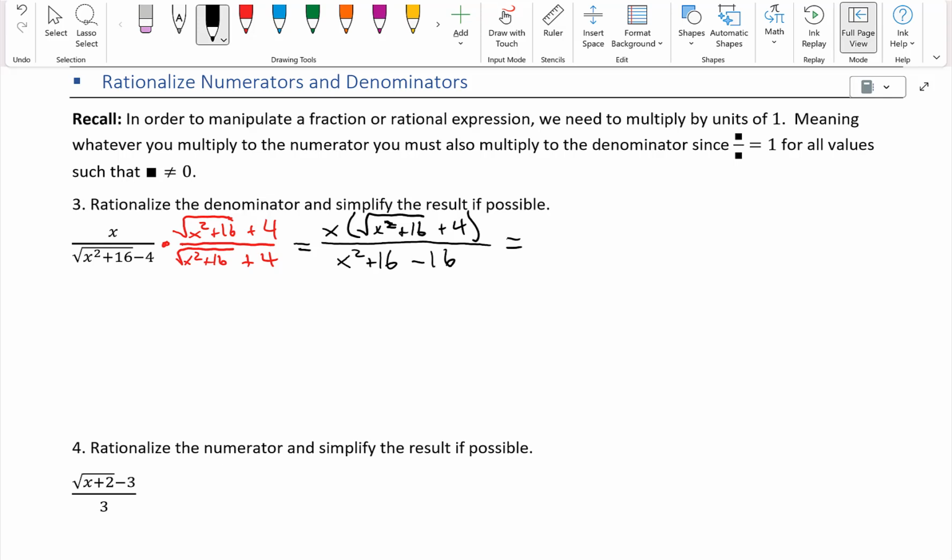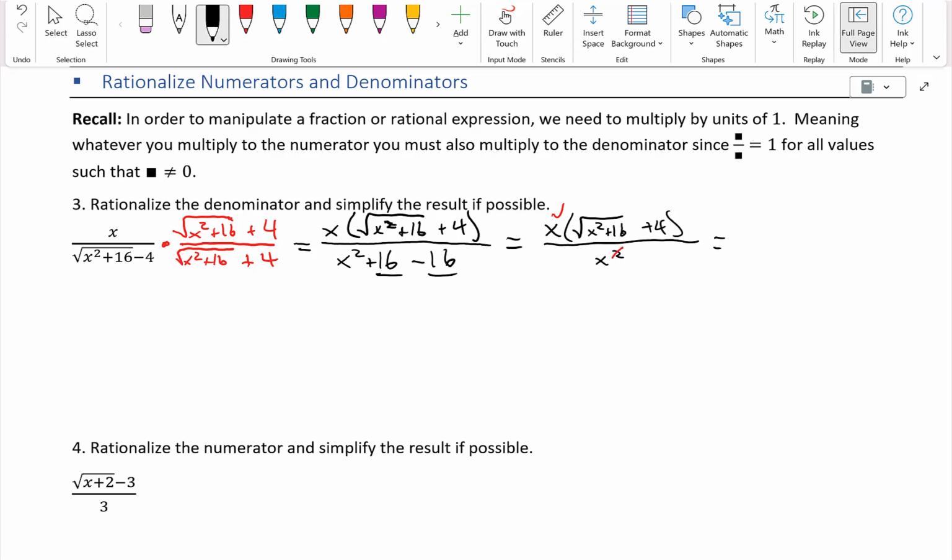So here we can see some like terms in the denominator. Our numerator stays the same, x times the quantity, square root of x squared plus 16, and then that plus 4. All over just an x squared. And then we can simplify one of those x's. We'll divide out.